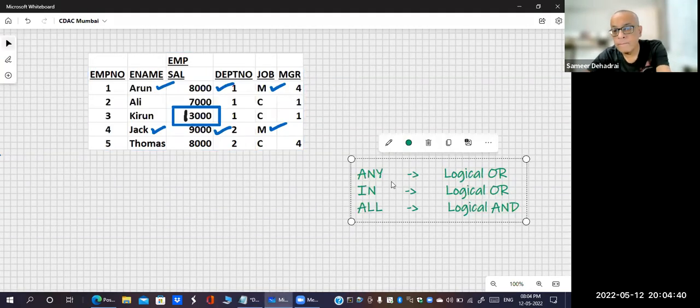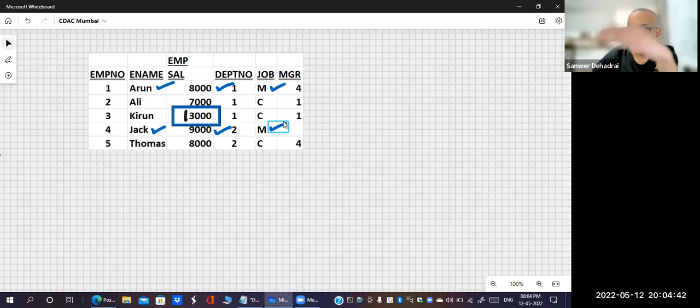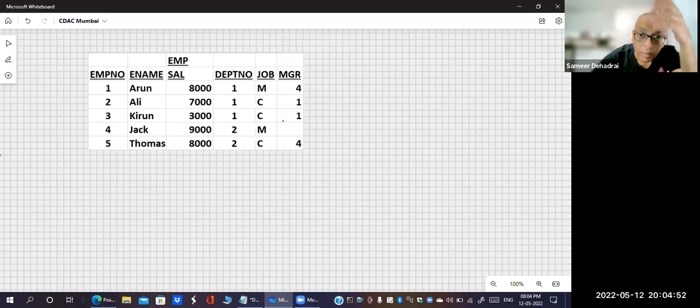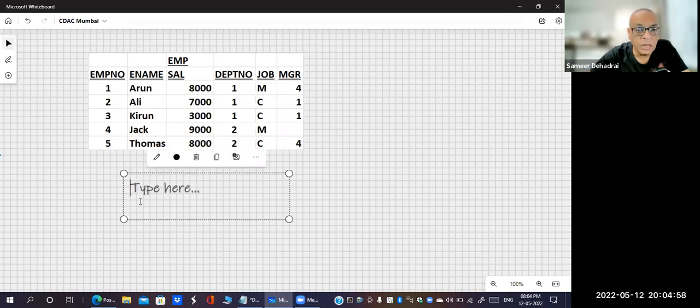Now, let me show you one last feature here. Assumption: third row, sal is 3000. Please make a note of this. Assumption: third row, the sal is 3000.